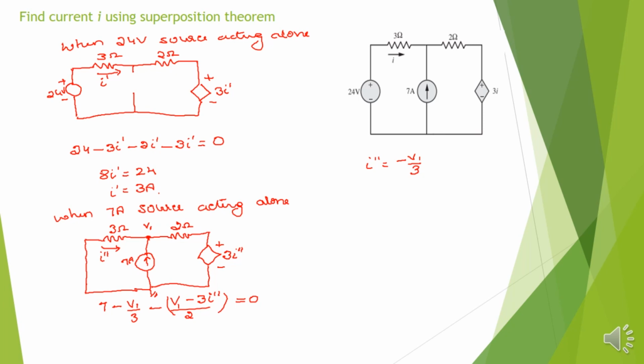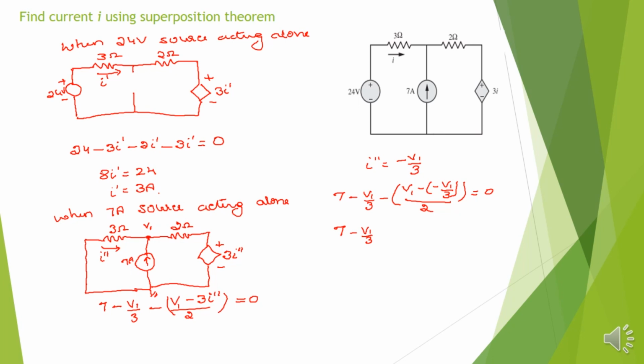So what will happen? 7 minus V1 by 3, minus V1 minus V1 by 3, whole divided by 2, equal to 0. So what will happen? 7 minus V1 by 3, what happens to this?